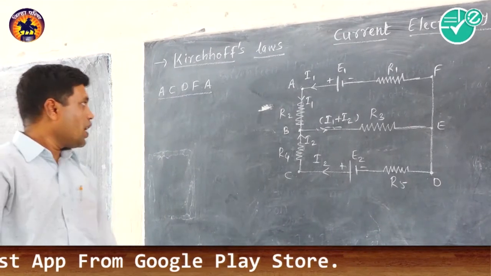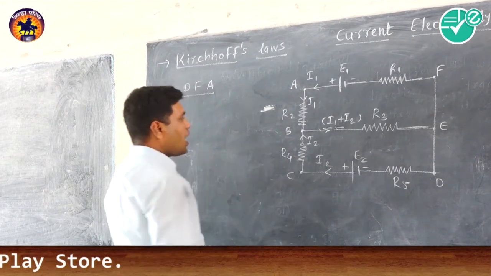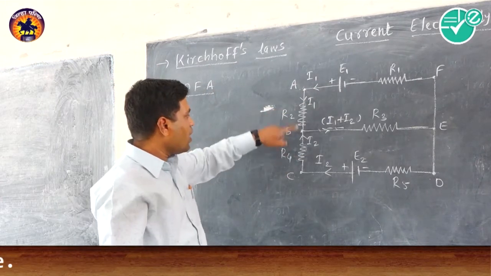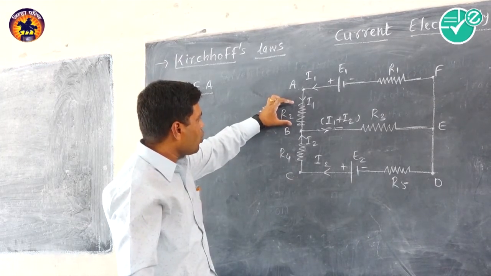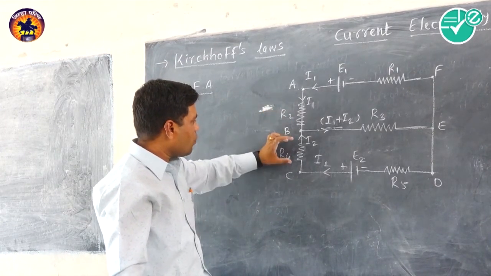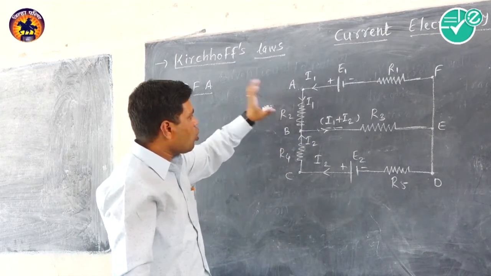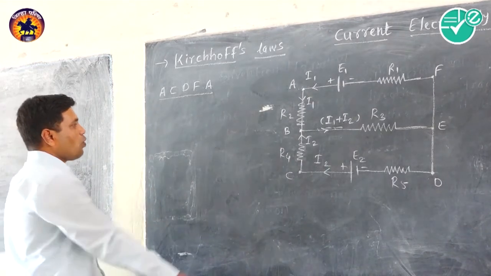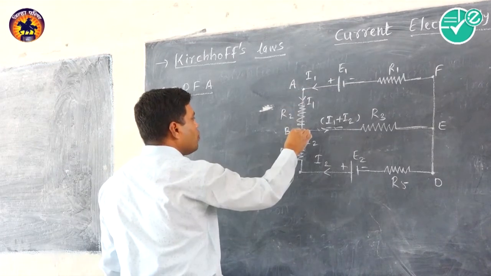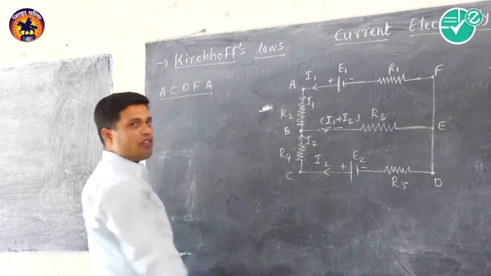Anti-clockwise direction. And you see, as I move from A to C, I face two currents, I1 and I2. It makes two potential drops here. The first potential drop is I1 R2 and the second potential drop is I2 R4. Whether these potential drops are positive or negative, we will apply the sign convention to decide that. While moving from A to B, we are moving downward and the current is also moving downward.